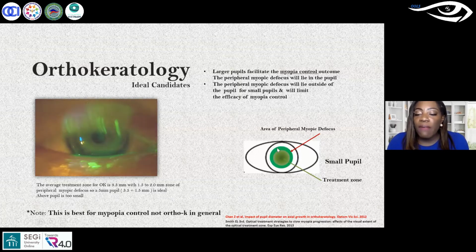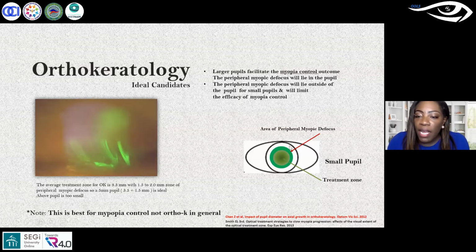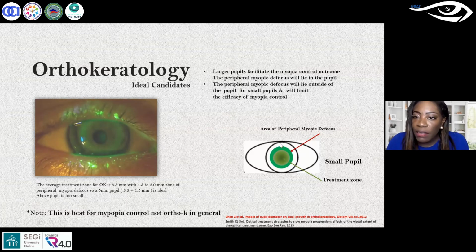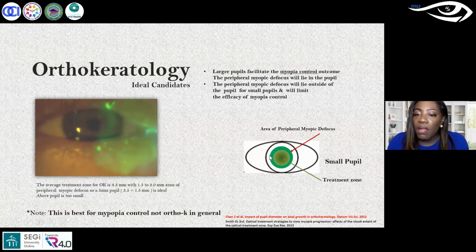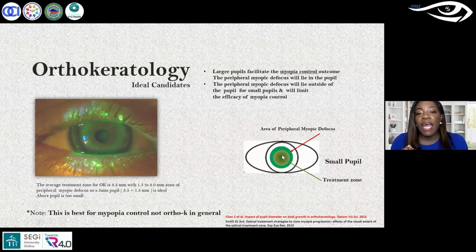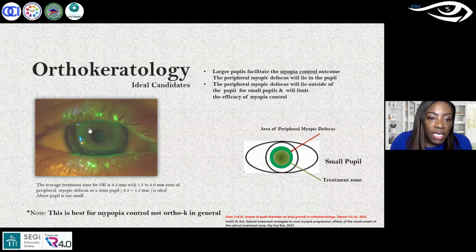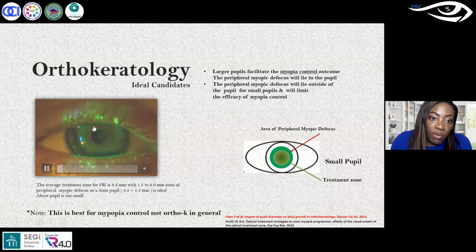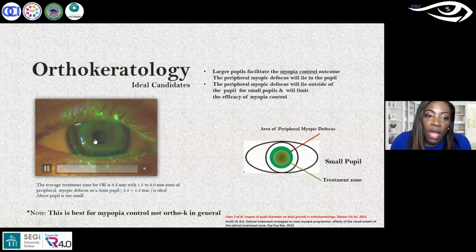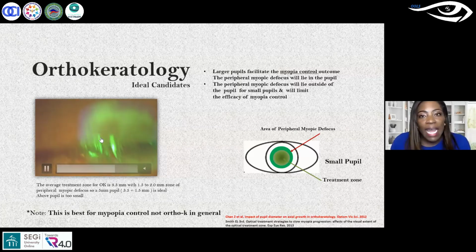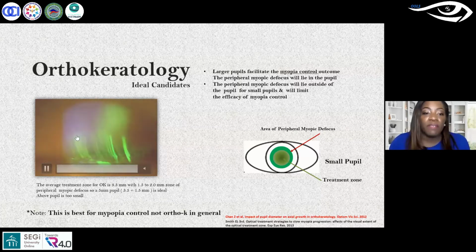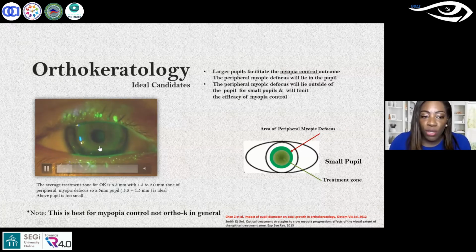However, if we have a small pupil, now that area of peripheral myopic defocus is outside of the pupil, and therefore that patient is not getting that peripheral myopic defocus that is slowing the progression of myopia. So if you look at this patient here, you see this is the area of peripheral myopic defocus. It is not going through the pupil at all. And as such, you wouldn't get as effective an outcome as if this patient had a larger pupil.